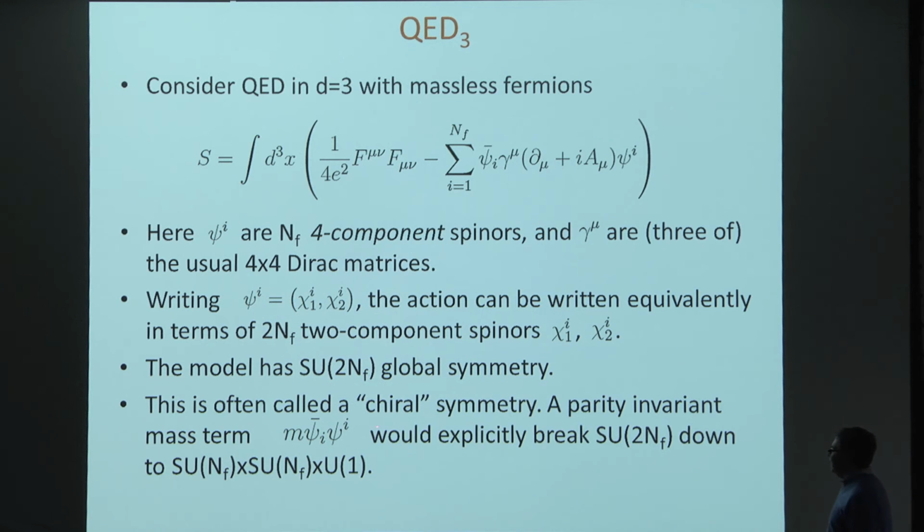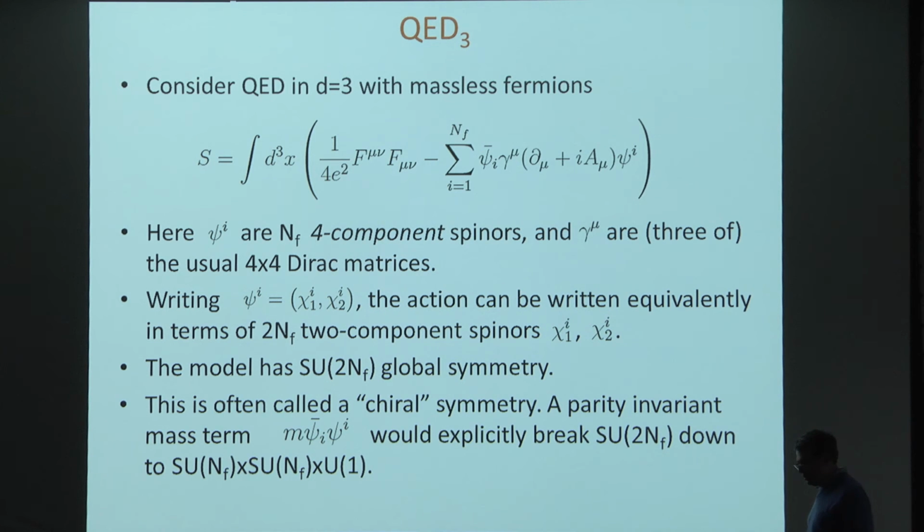But the mass term, which is parity invariant, which is written in terms of these fields like this, actually explicitly breaks SU(2N_F) down to SU(N_F) cross SU(N_F) cross U(1). So it's forbidden by the symmetries of the UV theory, which is this QED. But there could be a dynamical generation of a condensate of this operator. And still the big question is when and if this happens.